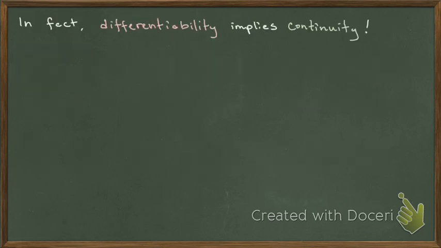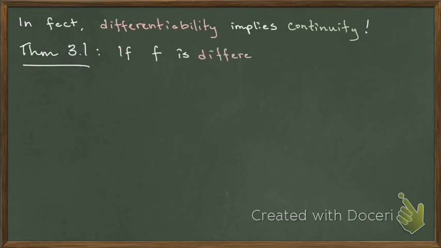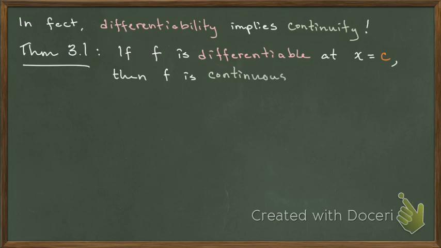What this leads us to is kind of an opposite scenario. Differentiability implies continuity, and there's a theorem that shows this. If f is differentiable at x equals c, then we can say that f is continuous there.